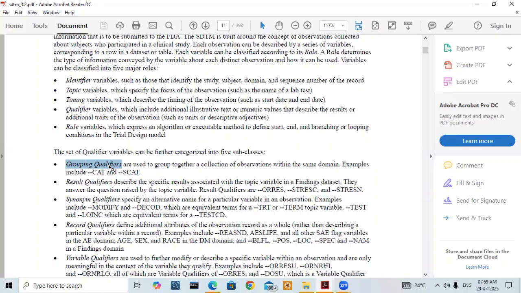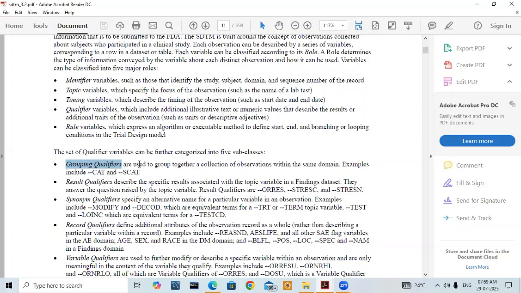Understood? So this categorization is nothing but the grouping qualifier. I have given just an example, not exact values. Making these groups is the categorization into categories and subcategories. How can we give an example of categorization for medication?